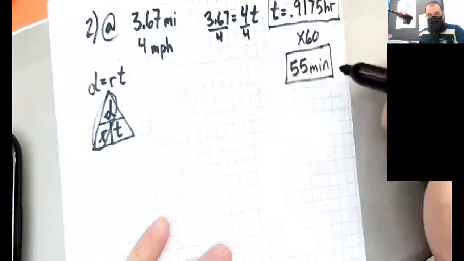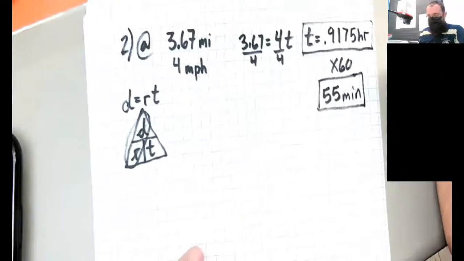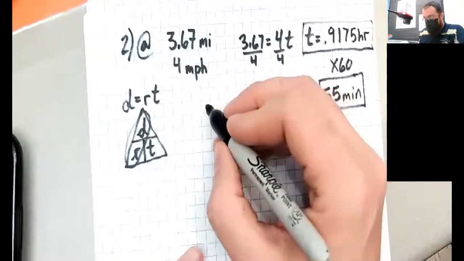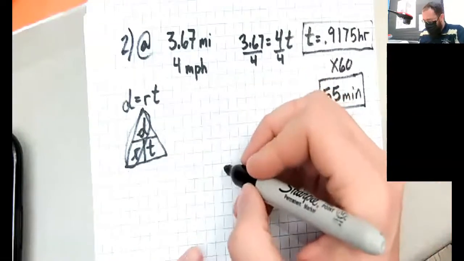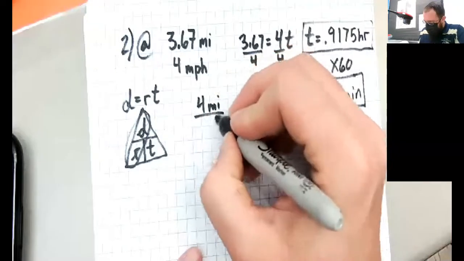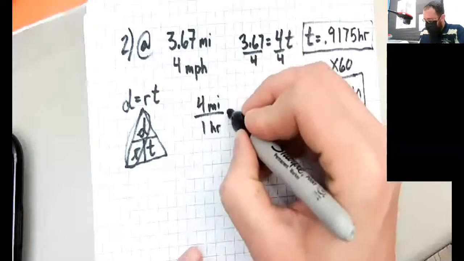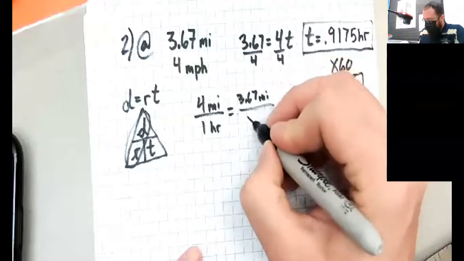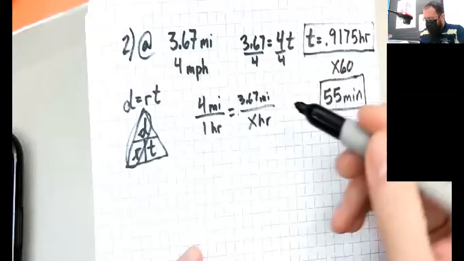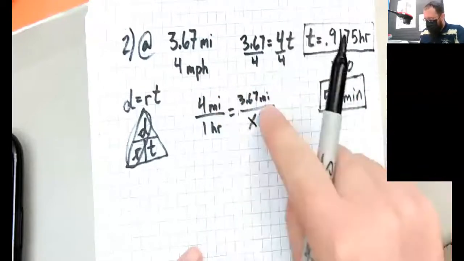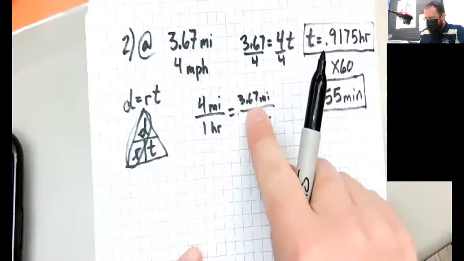Now that's one way to solve it, and it's a way that works. D equals RT. I've seen students use several methods, like what I told you about cross multiply and divide. They'll say like, okay, it's 4 miles in 1 hour, so 3.67 miles in X hours, and then they would cross multiply and divide, and that ends up doing the same thing. 3.67 divided by 4.